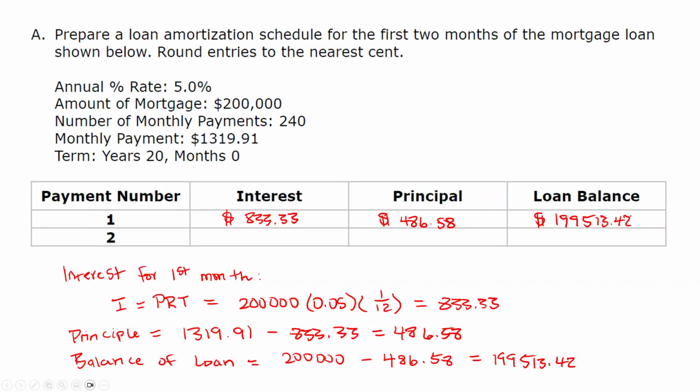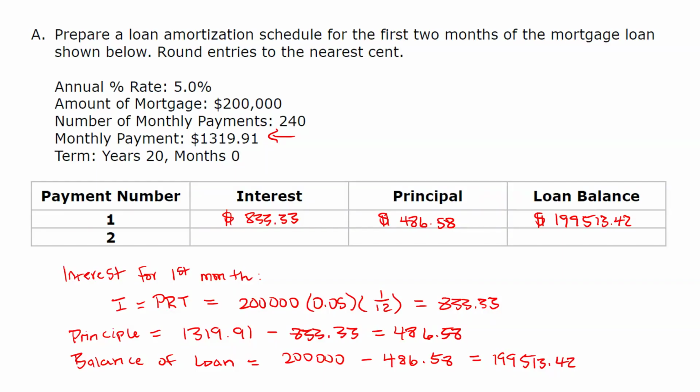Okay, so we made a monthly payment of $1,319.91. That monthly payment includes part principal and part interest. So to find the loan balance that we would have for the following month, we would need to find the principal amount from that monthly payment and subtract it from the loan balance.